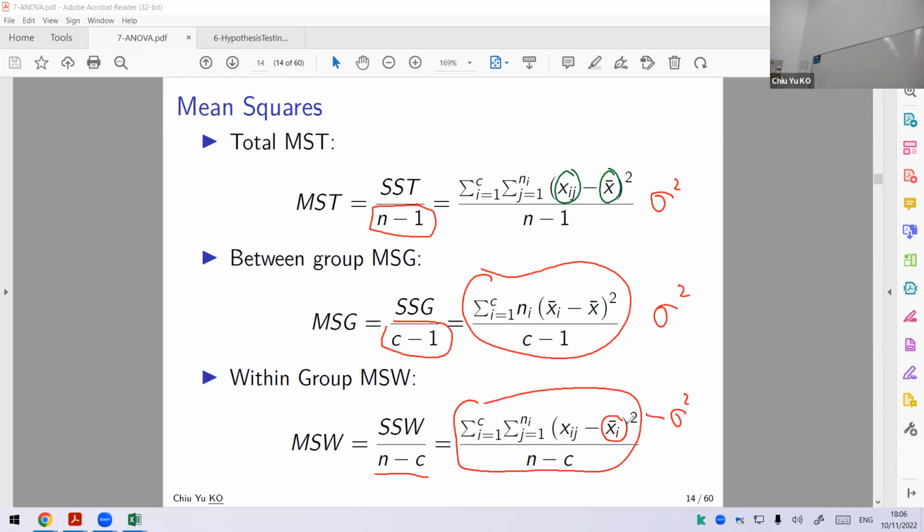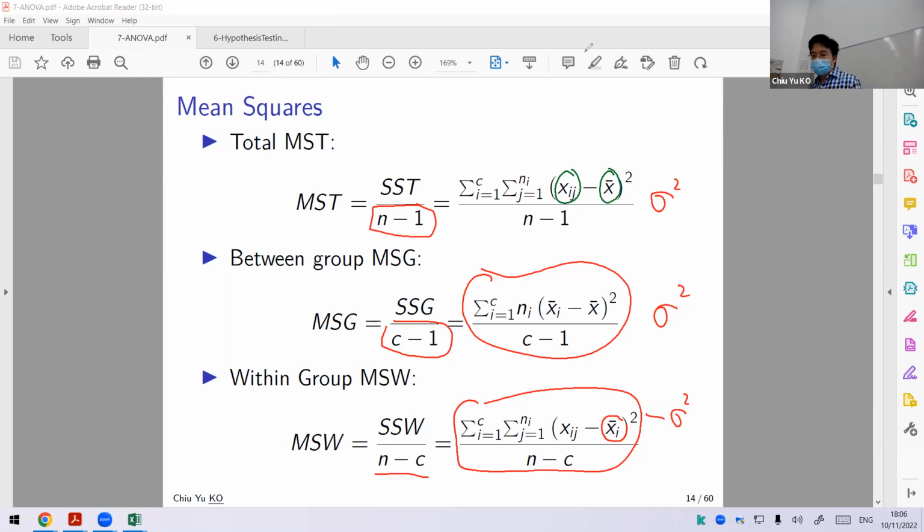For the last one, you estimate C group means: X bar 1, X bar 2, X bar 3 up to X bar C. How many group means do you estimate? C of them, so you have to subtract C there. That is the unbiased estimate of sigma square. Is that okay?